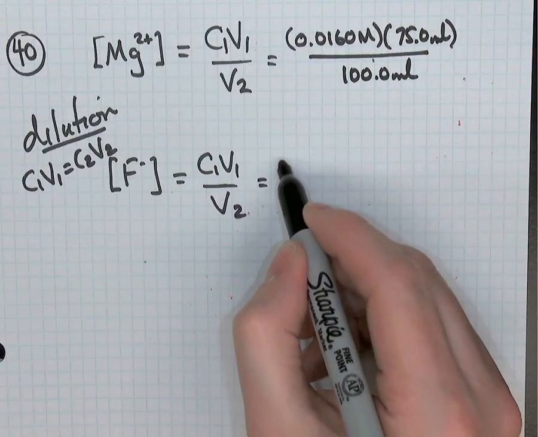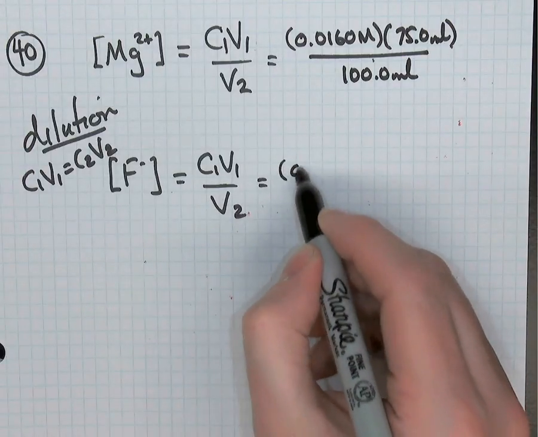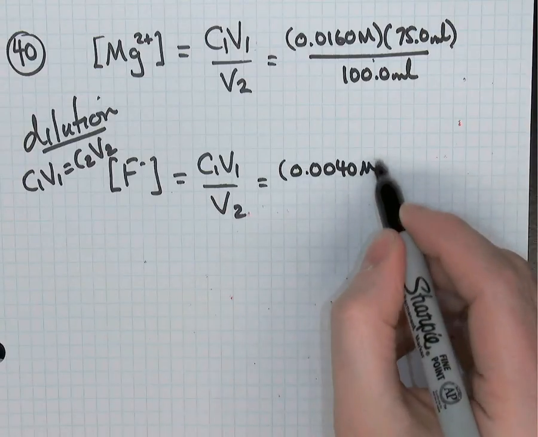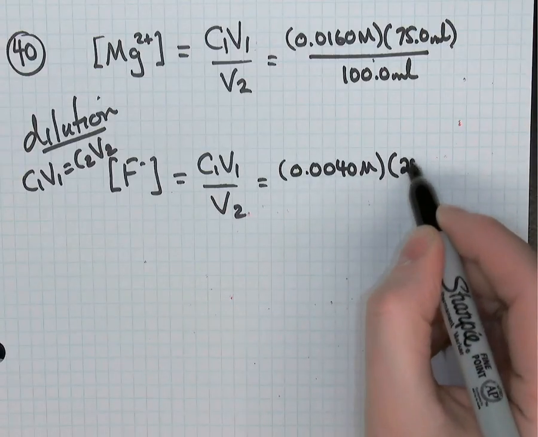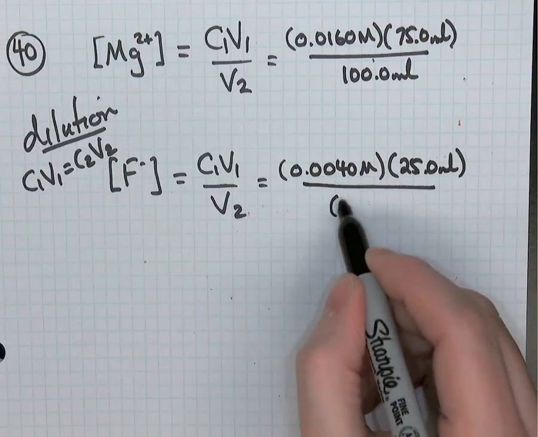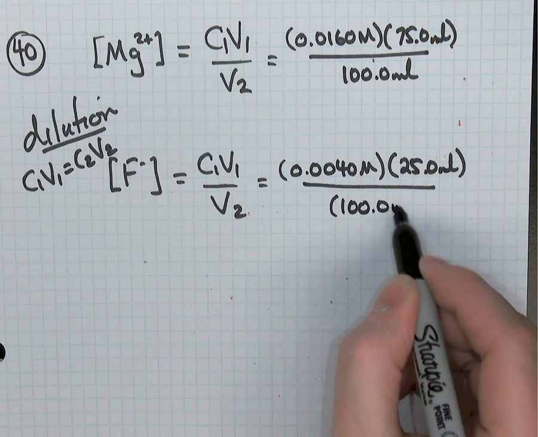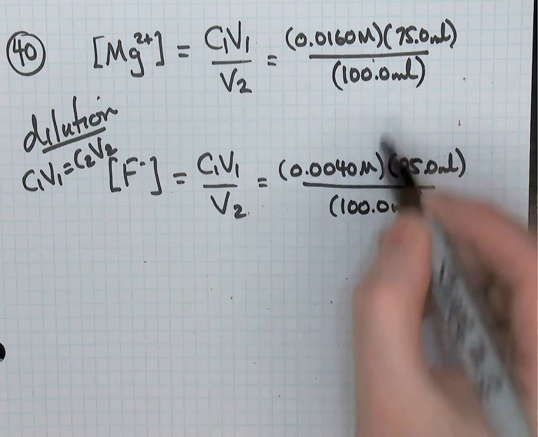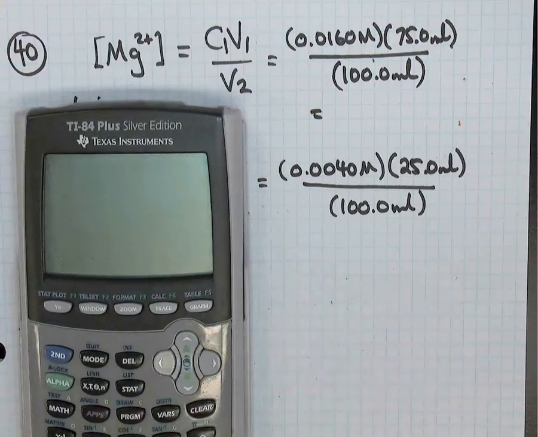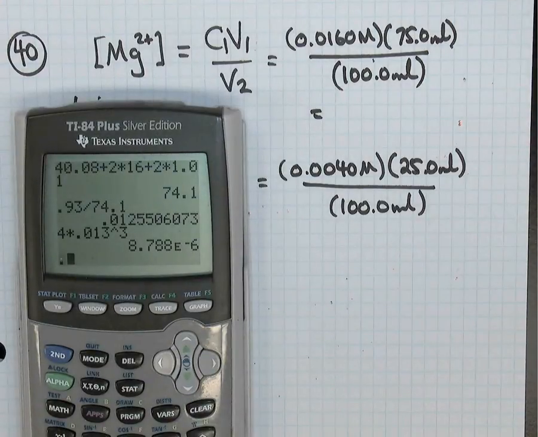Similarly for fluoride, its initial concentration was 0.0040 molarity. We were using 25 milliliters of that solution, and its total volume is still 100 milliliters at the end. So the magnesium concentration after we've mixed them is 0.016 times 75 over 100.